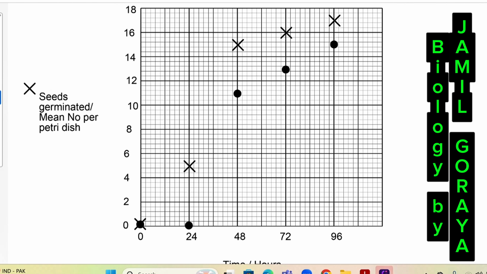So let's complete it. First, I will be joining all the dots with straight line with ruler like this. Then this.